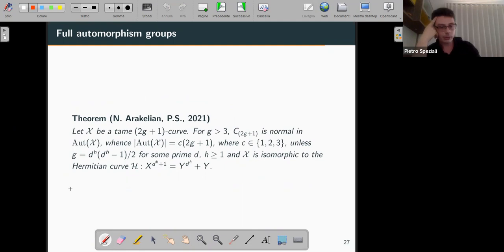Generically, the group of order 2G plus 1 is normal in the automorphism group, so you have either 2G plus 1 or 3 times 2G plus 1 automorphisms, unless the genus is d to the h times (d to the h minus 1) over 2, where d is some prime, and the curve is actually your Hermitian curve. The thing is, we know that the Hermitian curve could be, in some cases, a 2G plus 1 curve. But then you may ask, okay, how did you manage to prove this?